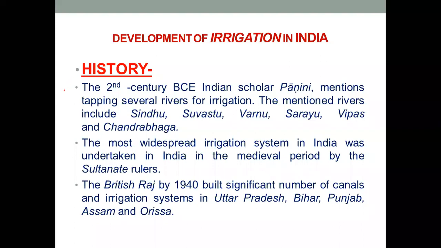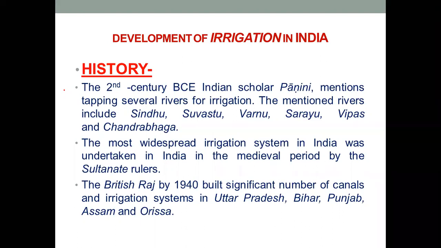So the history of development of irrigation is the oldest in India along with the Egyptian civilization, okay. Yeah, the Indian civilization was a pioneer in the construction of canals that were used for irrigation purposes, okay.